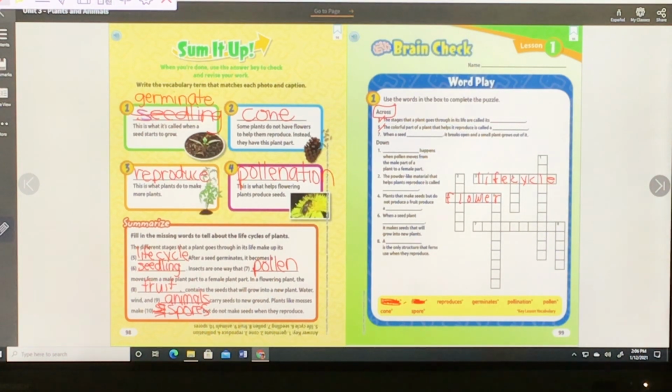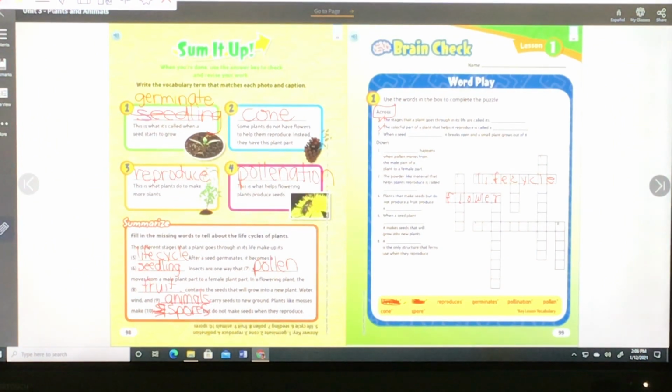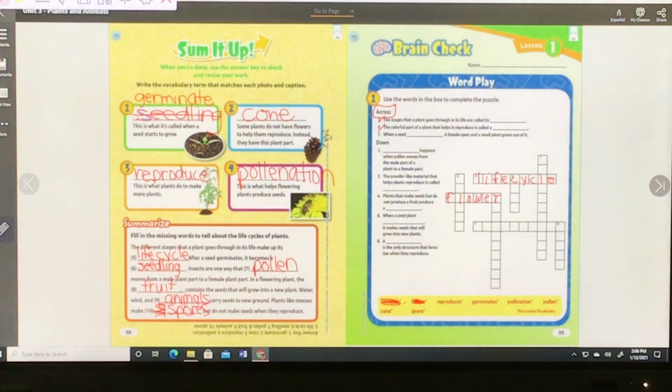Yeah. So if you're not sure, what should you do? Look back. Look back to see what it says about reproduces and what it says about germinates. When a seed, it breaks open and a small plant grows out of it.